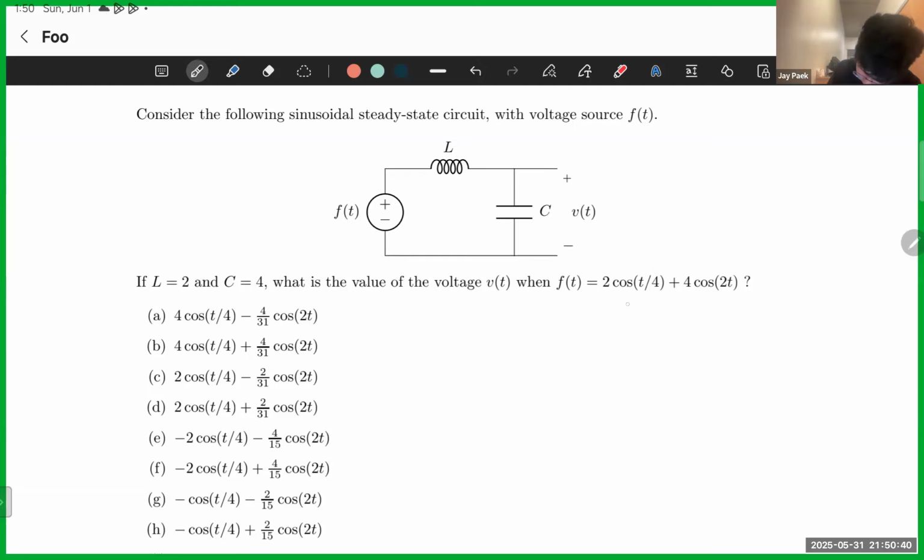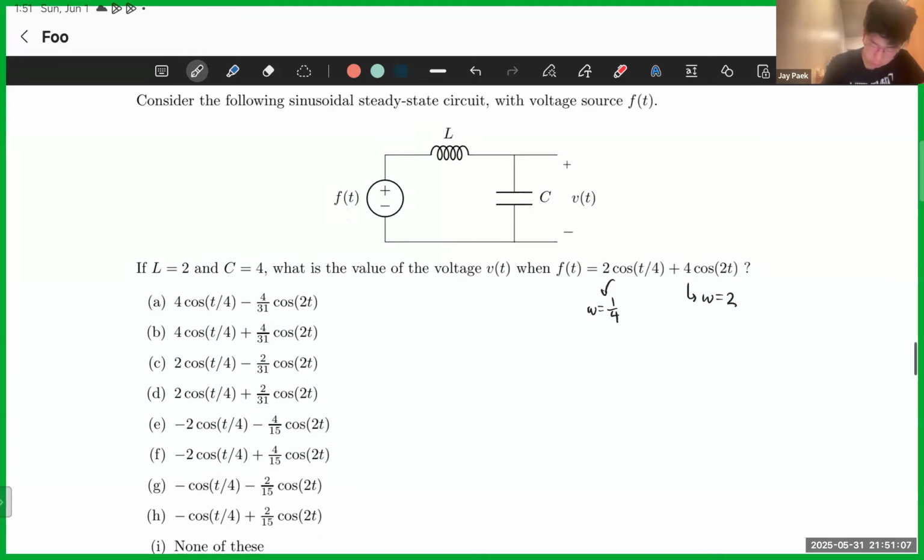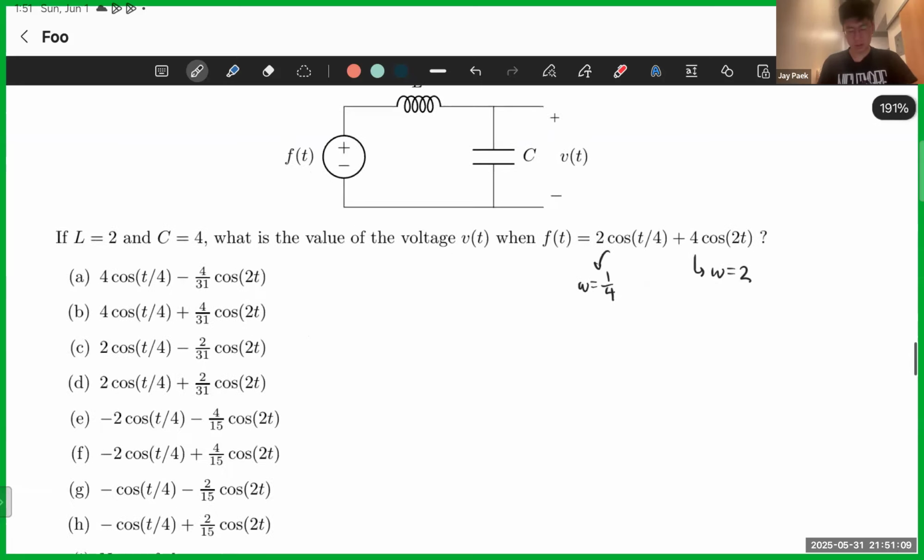Clearly, by superposition, we have two things. We have omega 1 equal to 1 over 4, and this one has omega equals 2. It suffices to find the transfer function for each individual input.